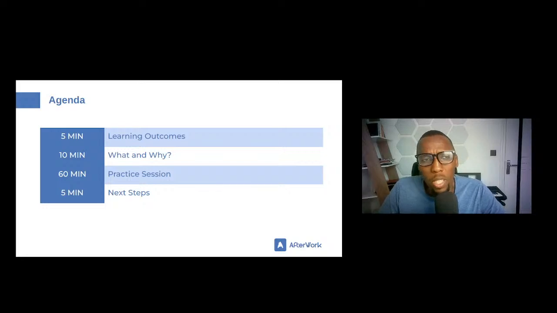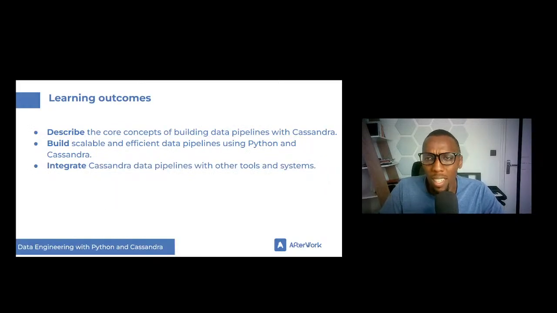By the end of today, we expect to have achieved these learning objectives. We should be able to describe the core concepts of building data pipelines with Cassandra. We should also be able to build scalable and efficient data pipelines using Python and Cassandra, and be able to integrate Cassandra data pipelines with other tools and systems.